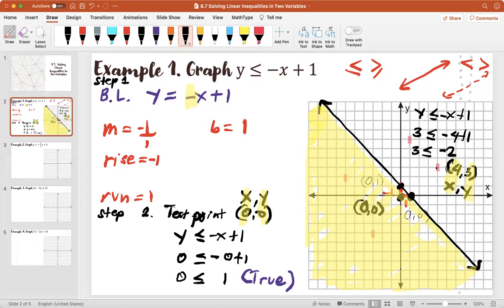Is that true? A positive number is always bigger than any negative number. So this is false. See, no matter what point you pick on this side, will always make your inequality false, because those ordered pairs are not solutions.